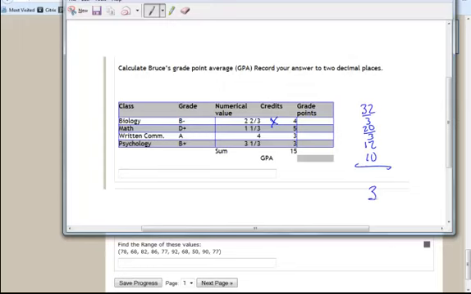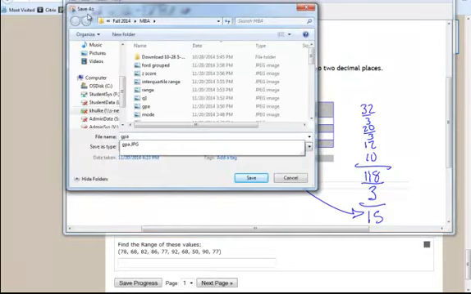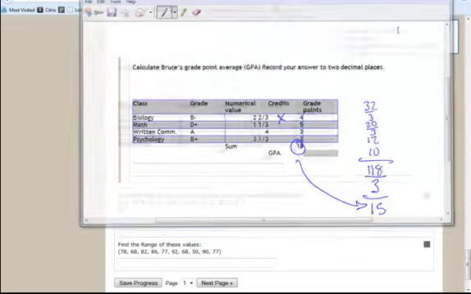So you add that all up, it's going to be a certain number of thirds, and when you get it, it adds up to 32 and 20 is 52, and 30 is 82, and 36 is 118 thirds, and then divide that by 15, and remember that's going to be your GPA, and then you can convert that into a decimal.